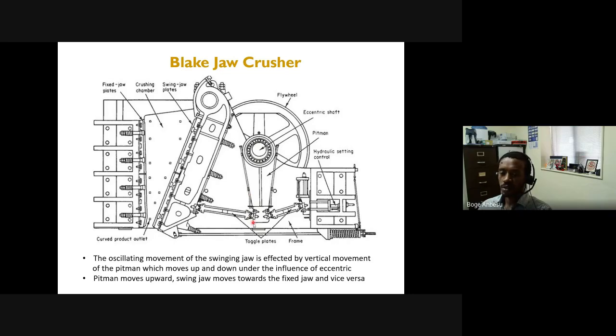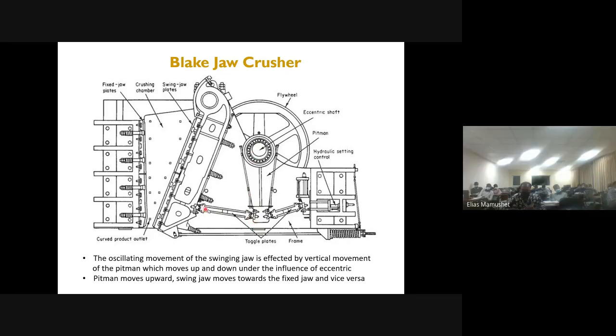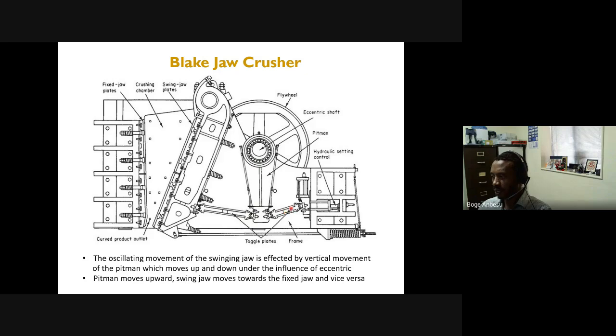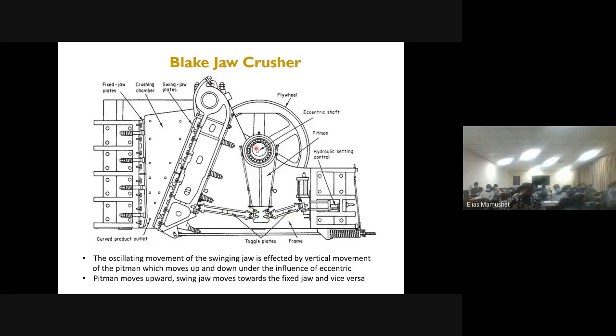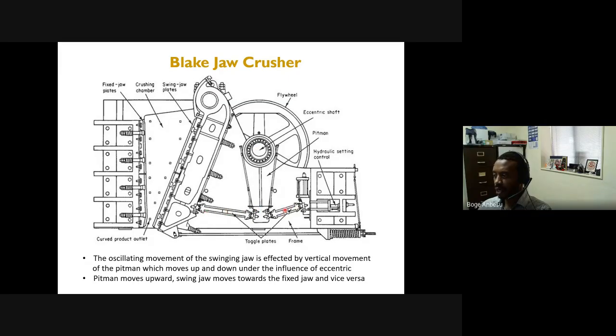As it does, these toggles, one toggle here and another toggle here, make a sort of straight line when the pitman goes up, which means they push the movable jaw towards the fixed jaw.